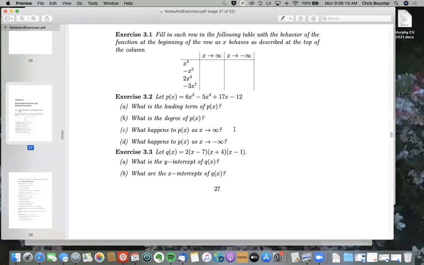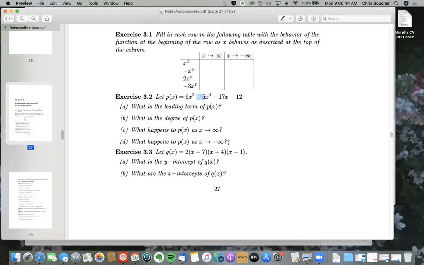Well, when we're talking about end behavior, we focus on the leading term, the minus 5x to the fourth. As x goes to infinity, so as the input goes to the right, I know that x to the fourth goes up because the even powers are U-shaped, but the minus coefficient is going to reverse that and make it go down. So the answer to C is that the outputs will go to negative infinity.